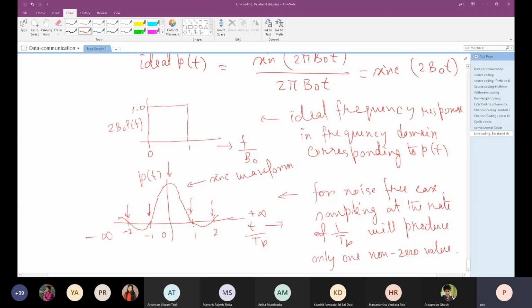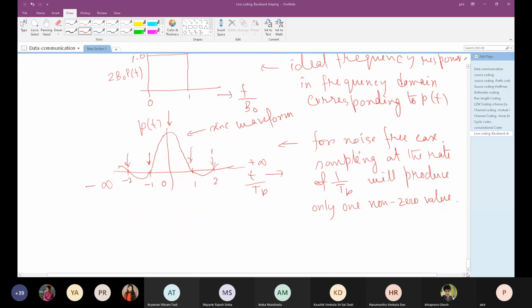Finite time is required to sample the value. So therefore, it is not practically realizable. Also, this PT has to be an infinitely long sequence.